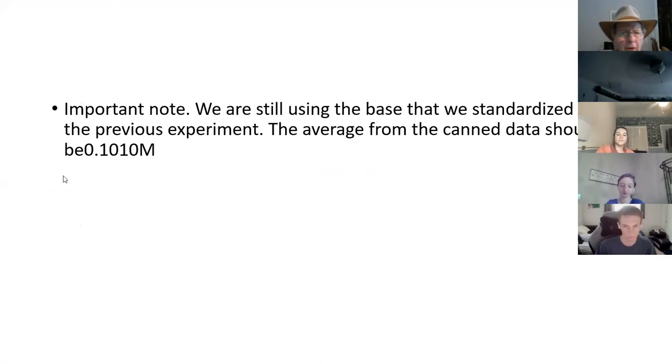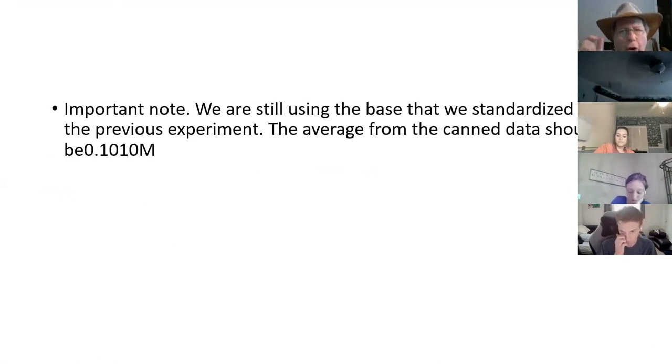All right. Now, write this number down. What he wants you to do is use your own average. It's been my experience in the past that some students do not do the first part of this experiment correctly, and they get the wrong concentration for their base.